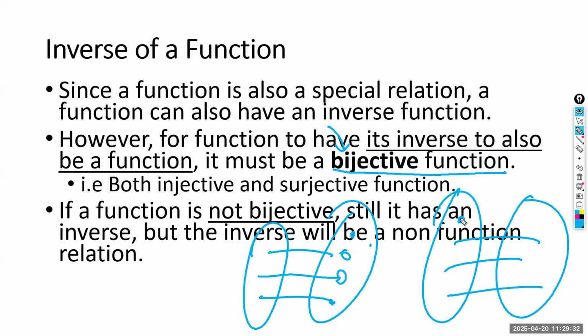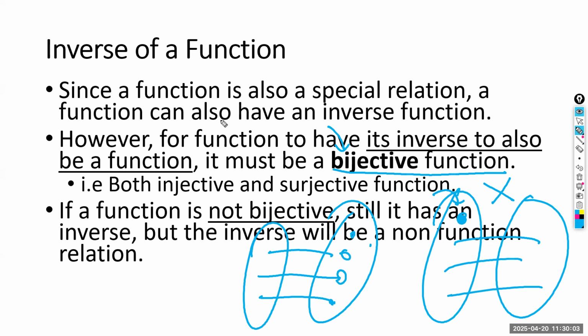So then when you have open values in the domain side, it violates the definition of function, because if it is a function, you can't have open values in the domain side. So therefore, automatically it becomes not a function. Of course, the inverse exists, but the inverse is not a function because now you have open values in the domain side. So that is why we say bijective needs to be surjective.